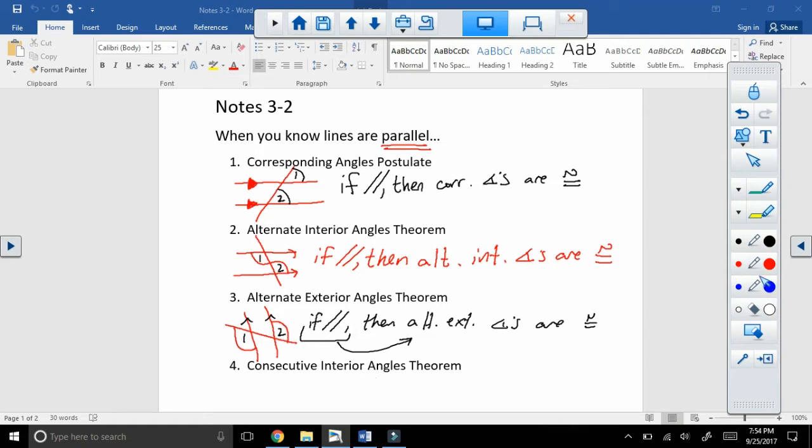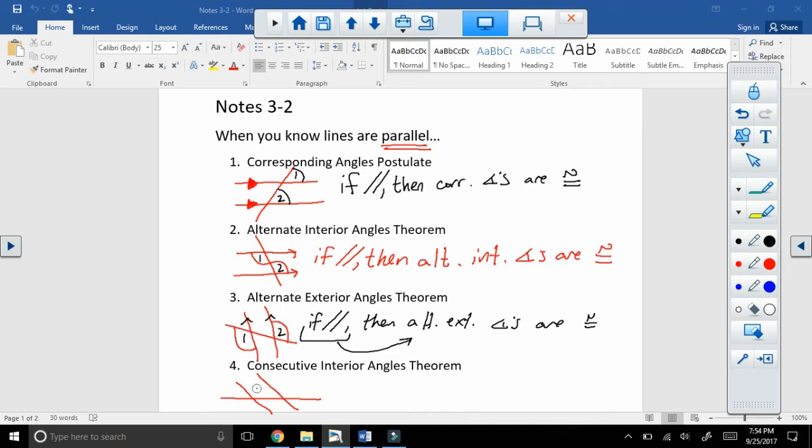Okay, and then for the last one, the consecutive interior angles theorem, this is where the theorem changes a little bit. So don't just mindlessly be copying this down and get this one wrong.